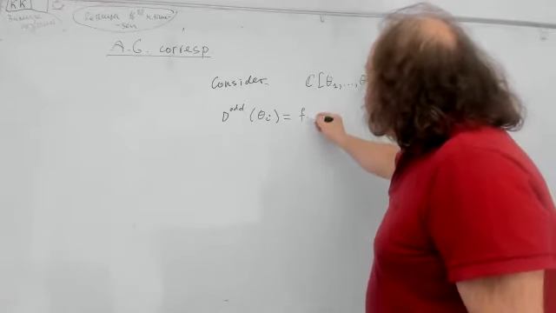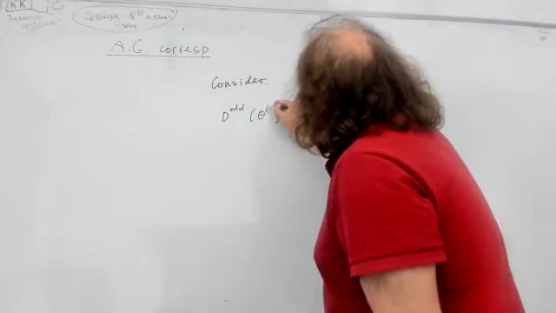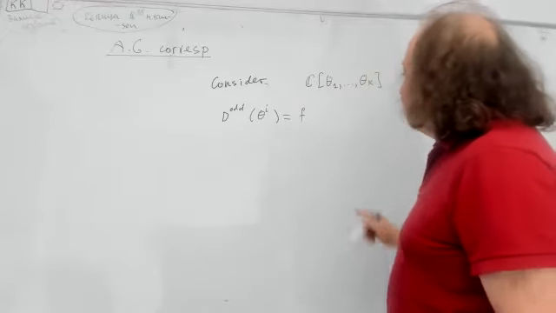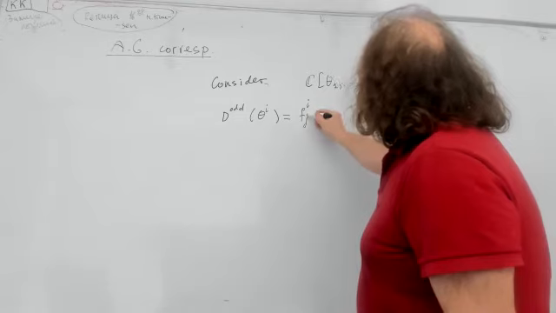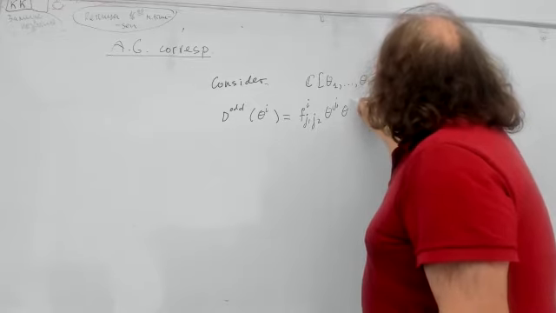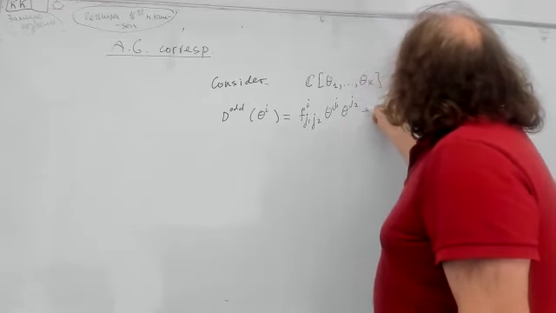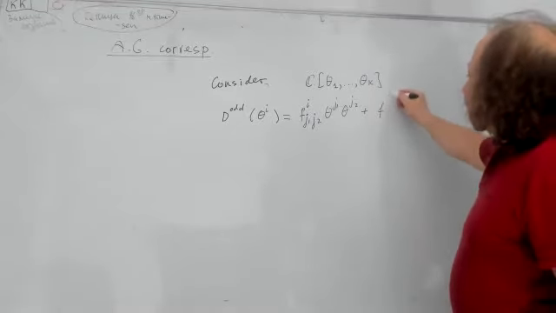Some f, let me put the index up. So f^i_{j1 j2} theta^{j1} theta^{j2}, plus, what should I write there?